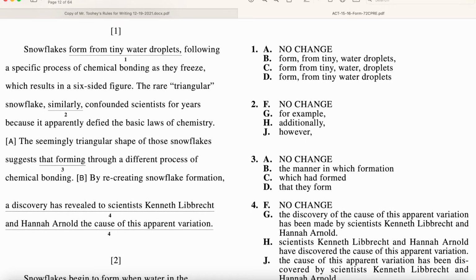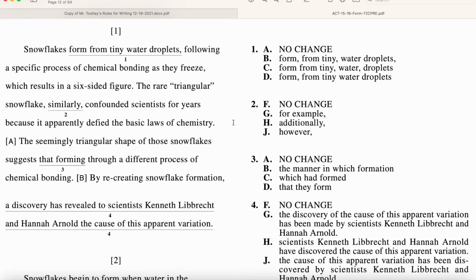Do you see where point A is in brackets? Yes, sir. So I want to read the sentence before, from the rare triangular snowflake, then read the sentence in the question, and then read the sentence that follows, the seemingly triangular shape of these snowflakes. Let's read it. The rare triangular snowflake similarly confounded scientists for years because they apparently defied the basic laws of chemistry.